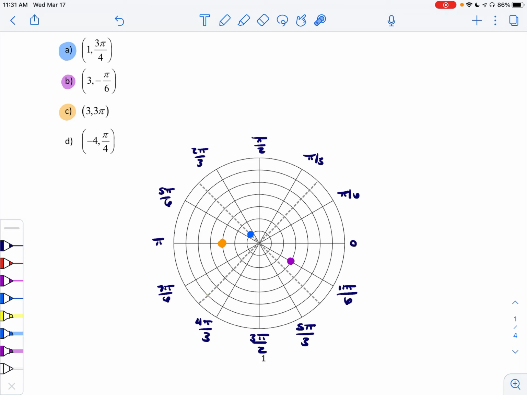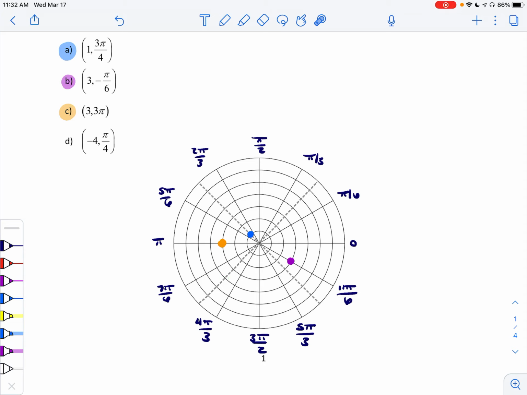So think if this were pi over 4 with a radius of positive 4, we would have our point plotted right here on the pi over 4 line, 4 circles out. But what the negative radius does is it takes that and it flips it across the origin, which puts us instead down here in quadrant 3, right?